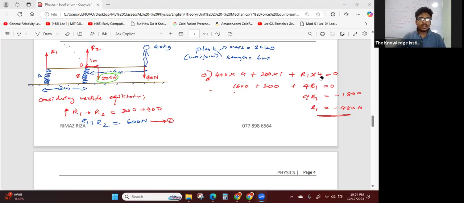Okay. R1 into 2, because the distance is from here, its length is 2 meter. So 2R1 equals minus 1800. Therefore, R1 equals minus 900 Newton.